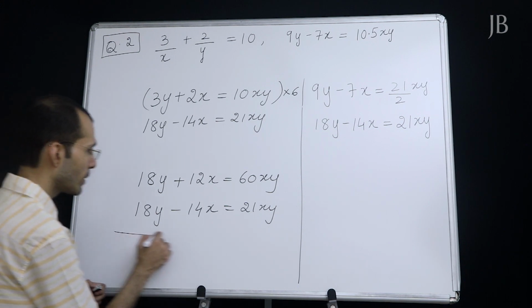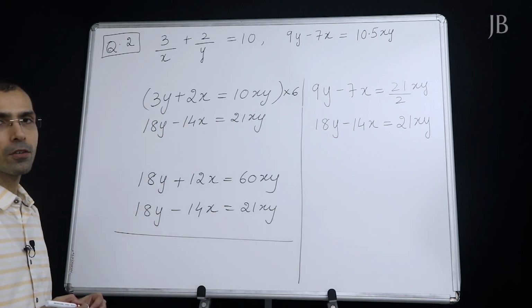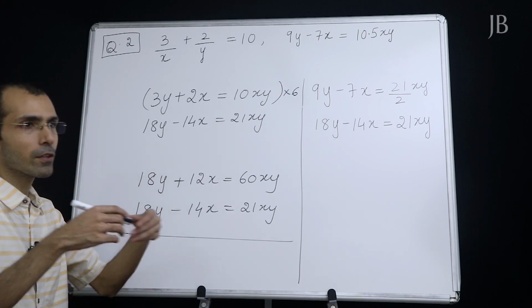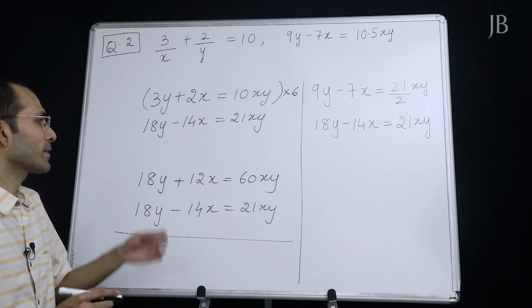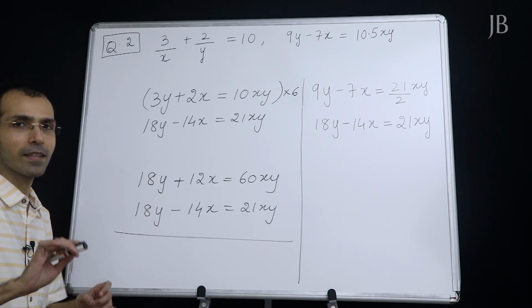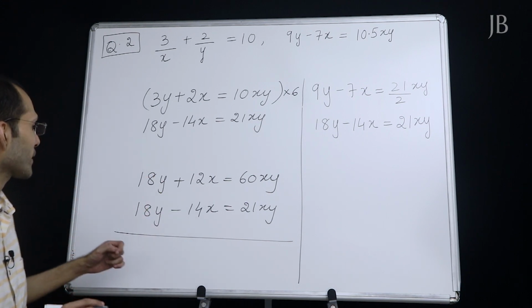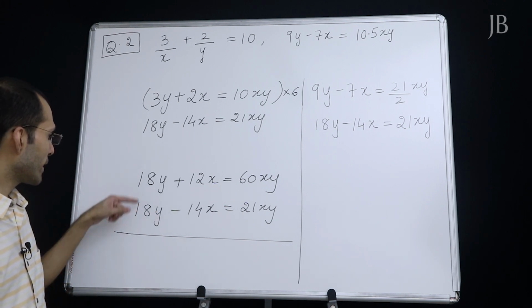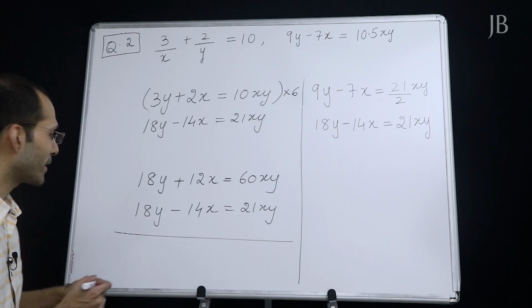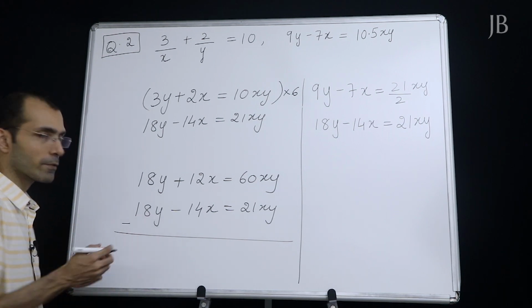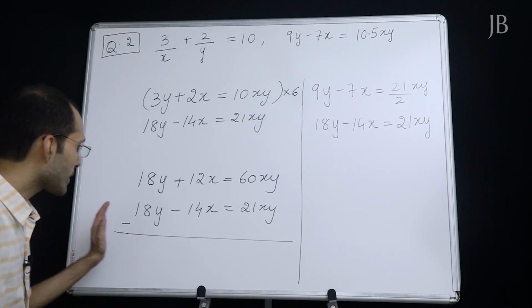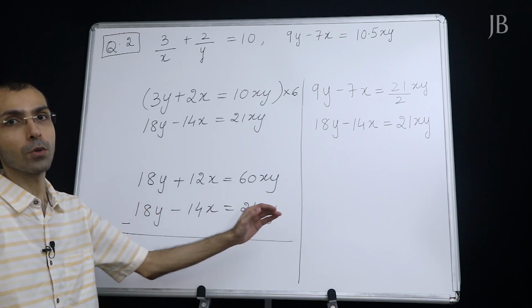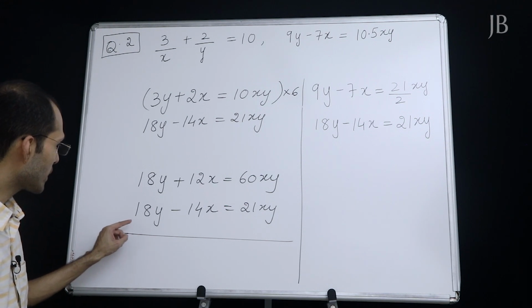Okay, now what will work? Addition or subtraction? Ultimately you always bank on addition or subtraction in the end, as our last resort. Ending step में हमेशा वो ही आता है ज़्यादा करके. Subtraction will work. Yes, if I subtract throughout, 18y will get eliminated. So we put here minus. Now remember, we are subtracting throughout. So minus sign I will put.